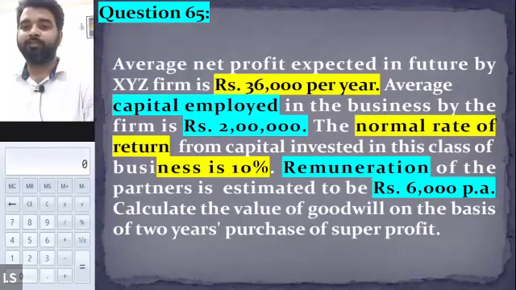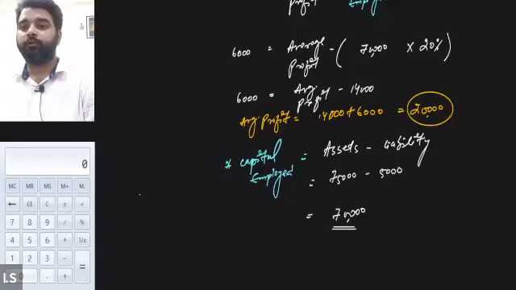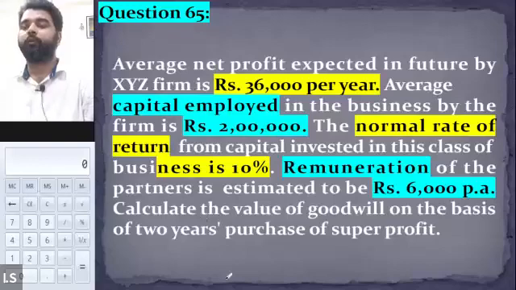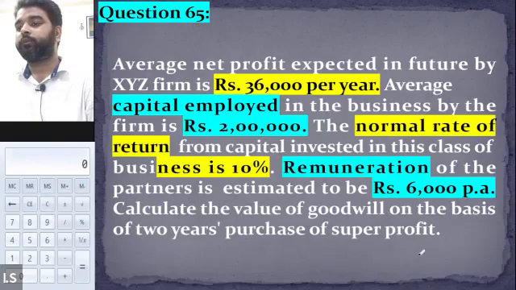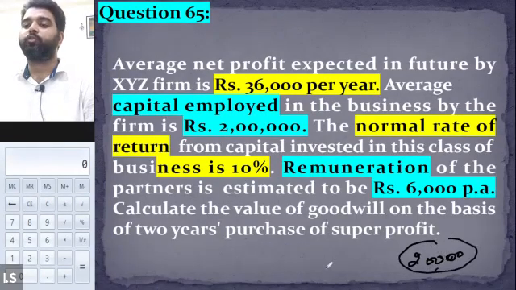I'm just telling you the, just a minute. Let me check. Okay. So the answer of this question will be 20,000. Answer for this question will be 20,000. So I'm giving this question to all of you as your homework.